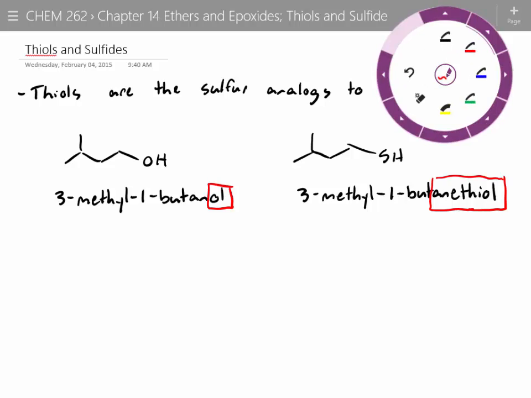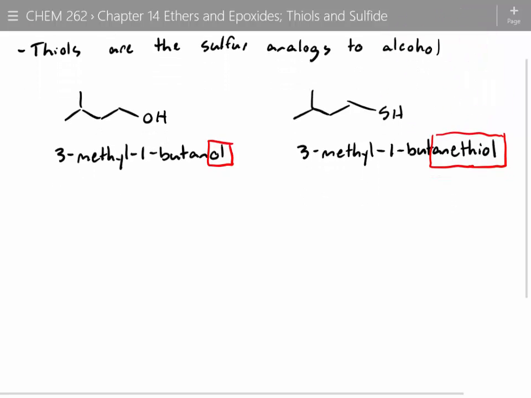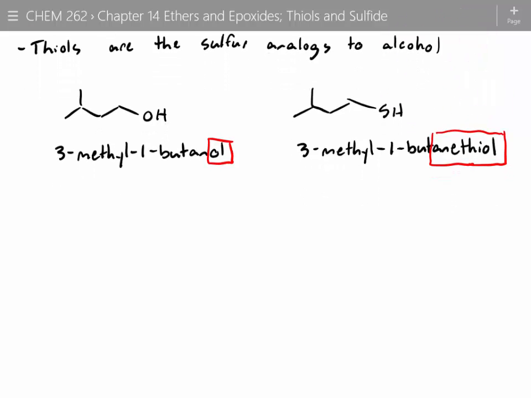There is an exception to this that's sometimes seen. Because it's chemistry, there's always exceptions. What happens if we have both another functional group and a thiol?